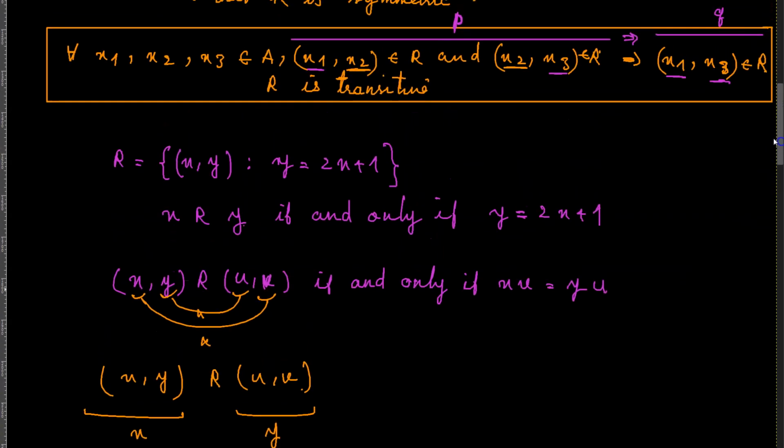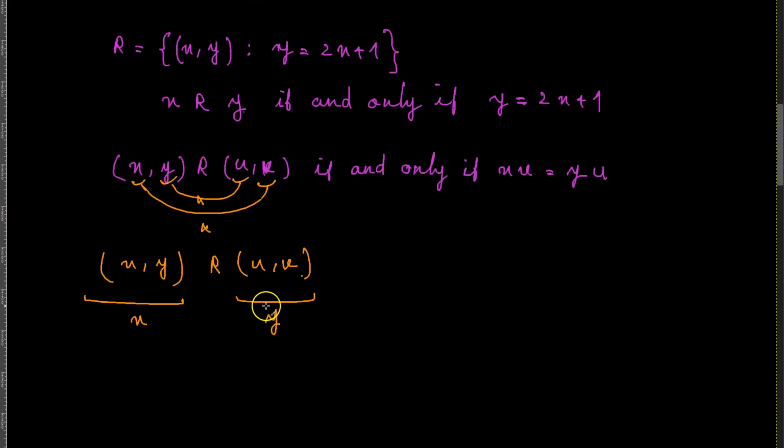What I'm saying here is that x1 is related to x2, and x2 is related to x3, so I need another element here. So I say that (u, v) is related to some other element, for example (w, z).